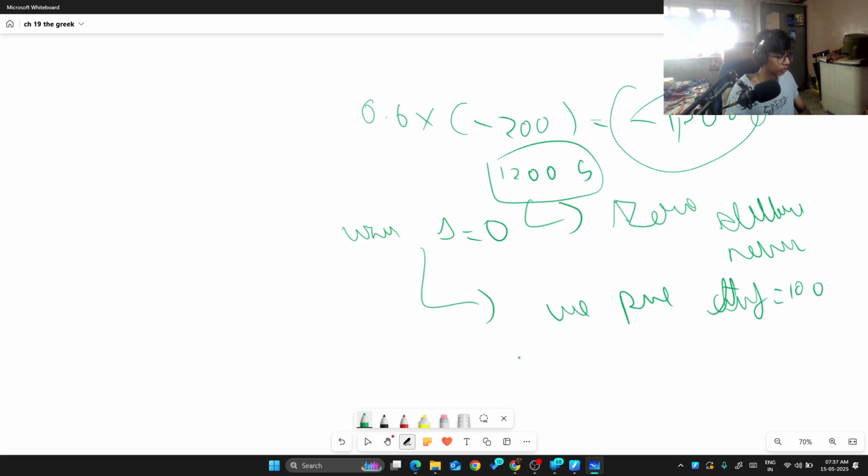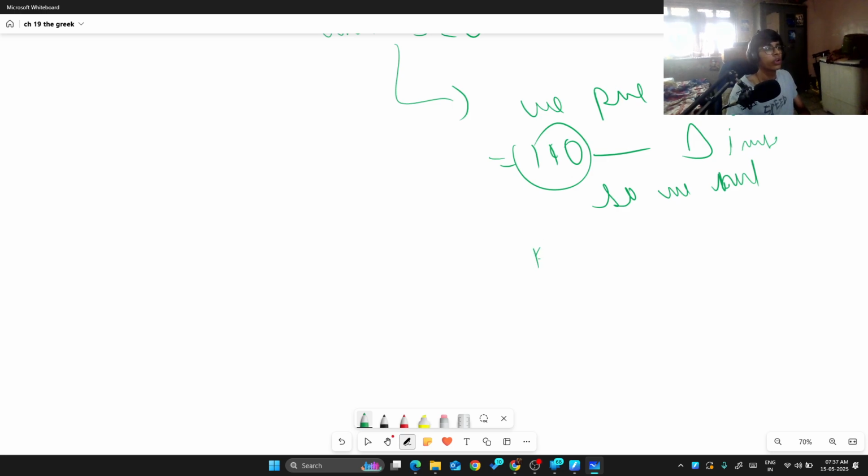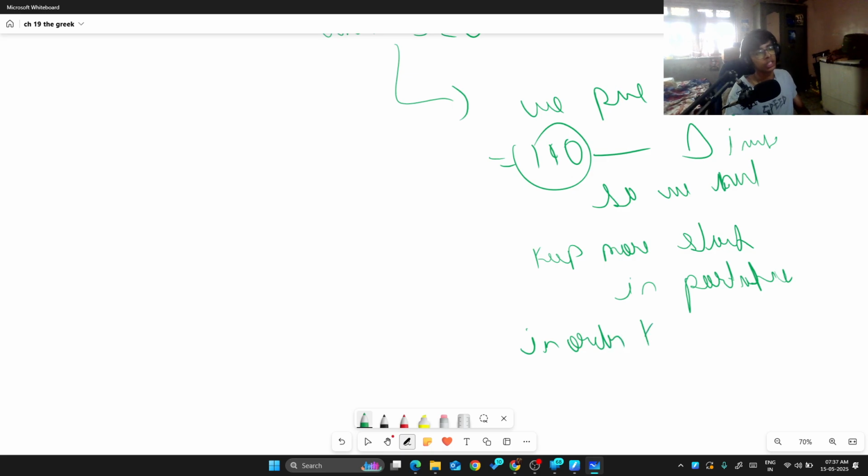What if the price goes up to 110? So our delta value will also increase. So we need to keep more stock in our portfolio in order to keep a delta neutral position.